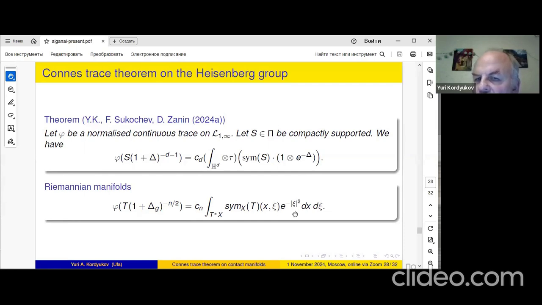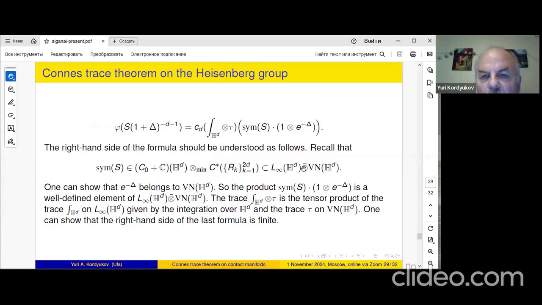But this canonical weight was a function, while here it is an operator, the heat operator generated by this sub-Laplacian. And this operator has finite trace, so this formula holds and makes sense. So this is an analog of Connes' theorem for the Heisenberg group. We see here some non-commutative weight function, which is related to some homogeneity indeed.